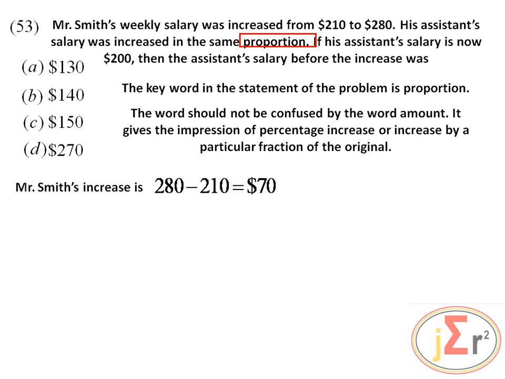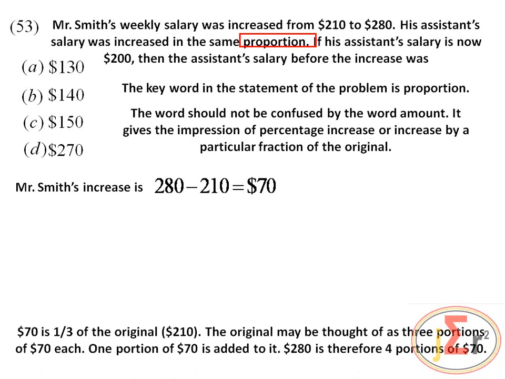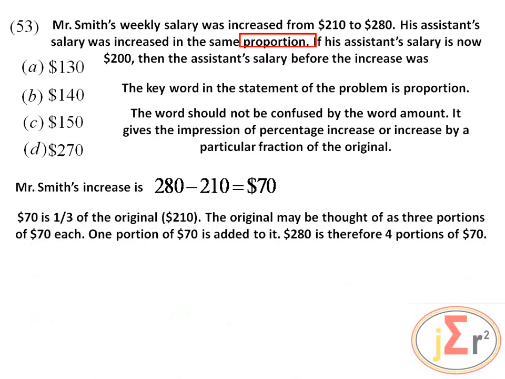But his assistant's salary did not necessarily increase by the same amount. It was increased by the same proportion, the same fraction, the same percentage. Now, we are just using our common sense to make a quick calculation. 70 is 1/3 of the original.